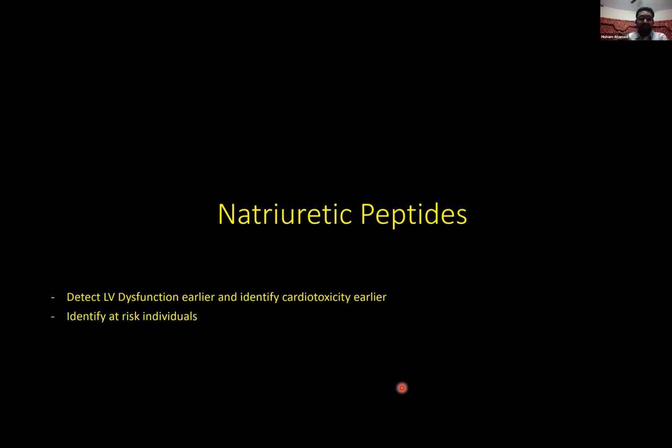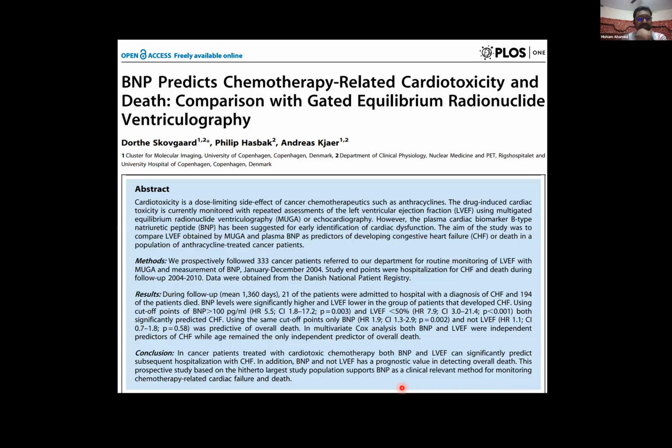What about natriuretic peptides? They can detect LV dysfunction earlier and identify cardiotoxicity earlier, and they can also identify at-risk individuals. Some of the landmark data is from the Skovgaard et al. group, which clearly concluded that BNP can accurately predict chemotherapy-related cardiotoxicity and the potential risk for overall death.